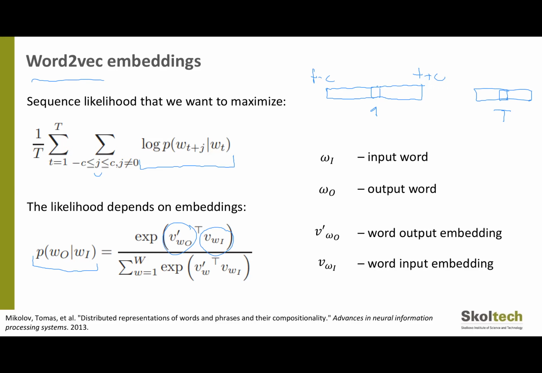And we also normalize this probability by dividing by the sum over all possible words in our dictionary. So it works like this, and we have a particular probability for this word and so on.